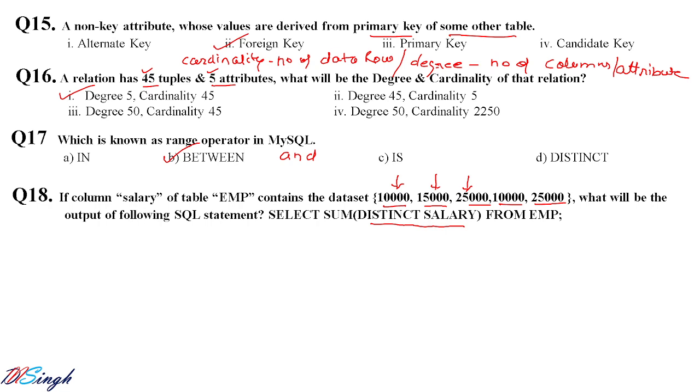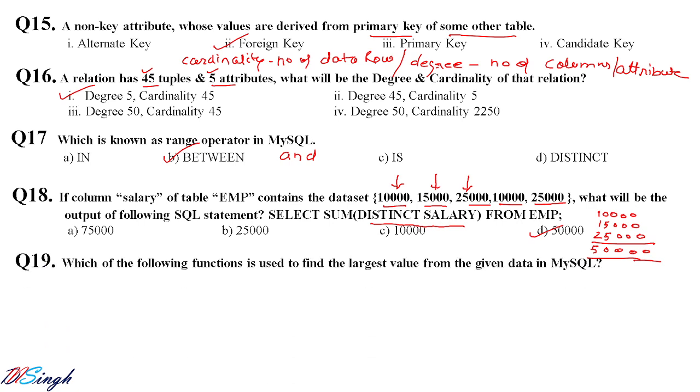Now our job is to calculate the sum: 10,000, then 15,000 and then 25,000. The sum is 50,000, that will be the answer. Only the distinct salary sum we require. So here D is the answer, that is 50,000.